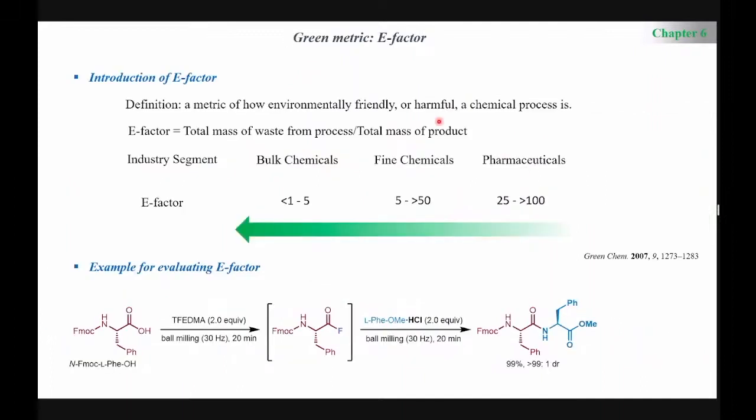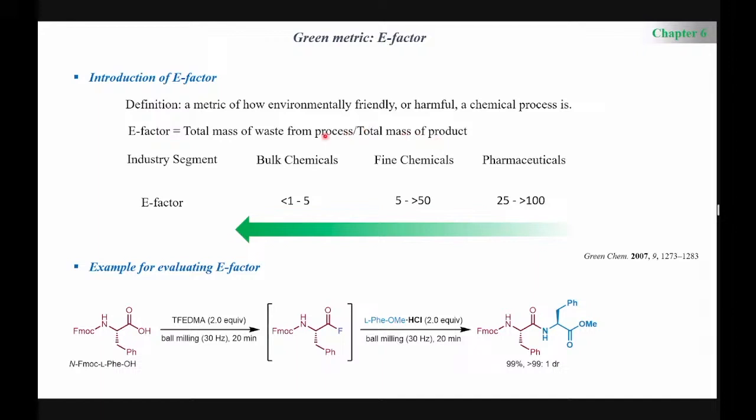In the context of increasing attention to the problems of chemical pollution and resource depletion, the development of green chemistry was linked to a shift in environmental problem-solving strategies. One of the crucial metrics to evaluate how environmentally friendly a chemical process is, is the E factor. The formula is: E factor equals total mass of waste from the process divided by total mass of products.